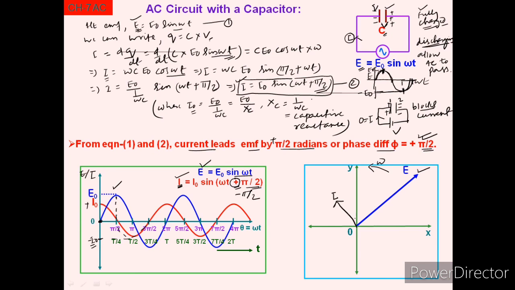The angle between them will be pi by 2, and this phasor EMF represents the EMF at any phase omega t.